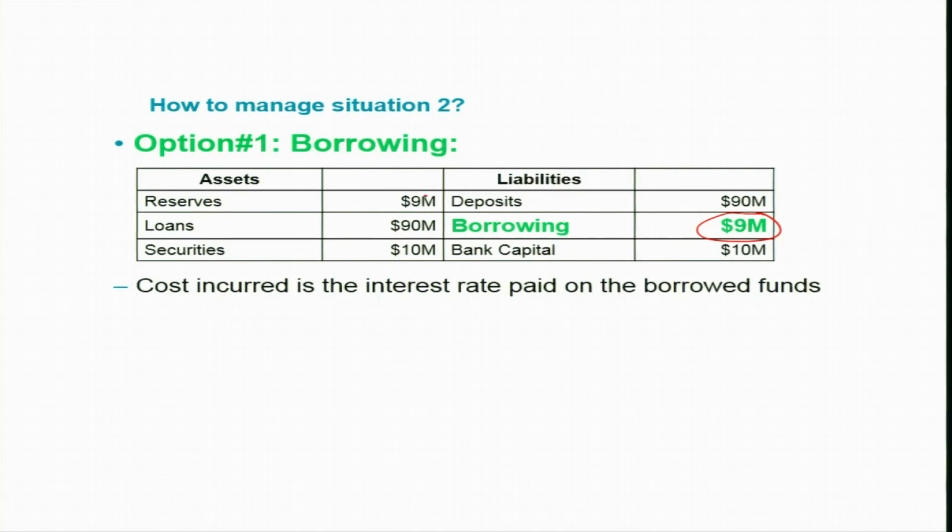As a result, the required reserve, the 10%, the 9 million, is compensated; it actually raised this much fund through borrowing. That is one option, and the cost incurred is the interest paid on the borrowed funds, right? So that is one cost.